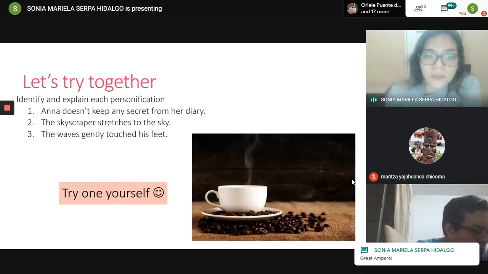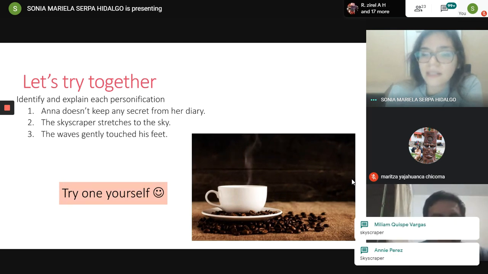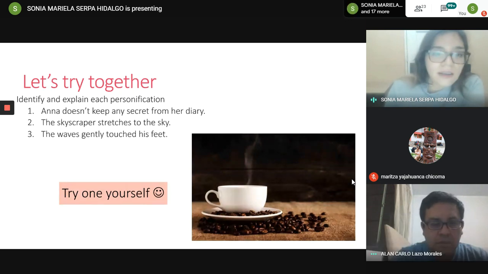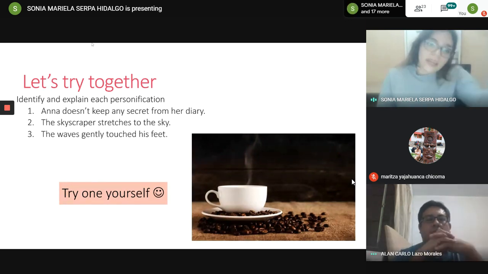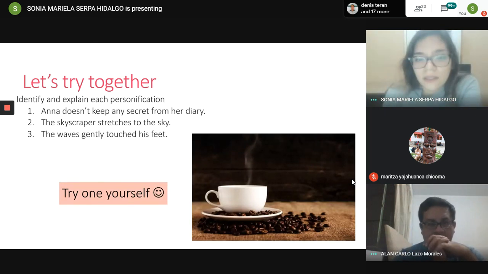2, the skyscraper stretches to the sky. Stretches to the sky. Right, the skyscraper. The skyscraper is just a building, an object. And we're saying it can stretch, right? Stretch is, in Spanish, estirar, we can say.